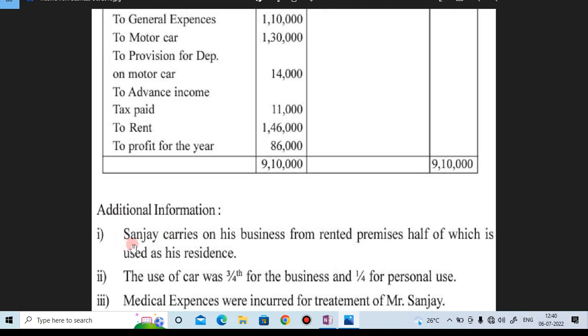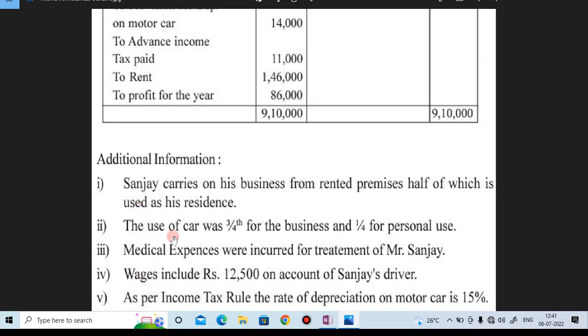So first information is Sanjay carries on his business from rental premises, half of which is used as his residence. So half of the premises is used for business and half of the premises is used for his own residence. Next is the use of car was 3/4 for the business and 1/4 for personal use.